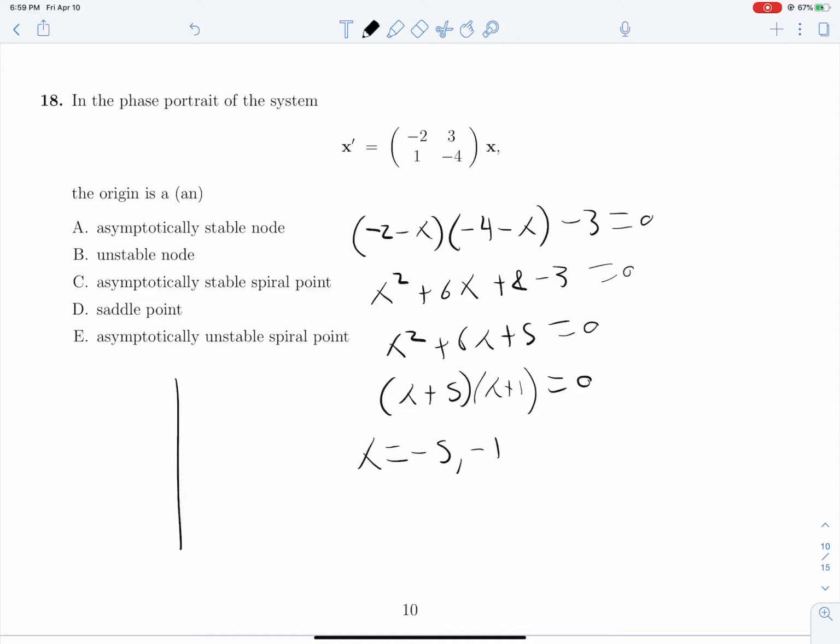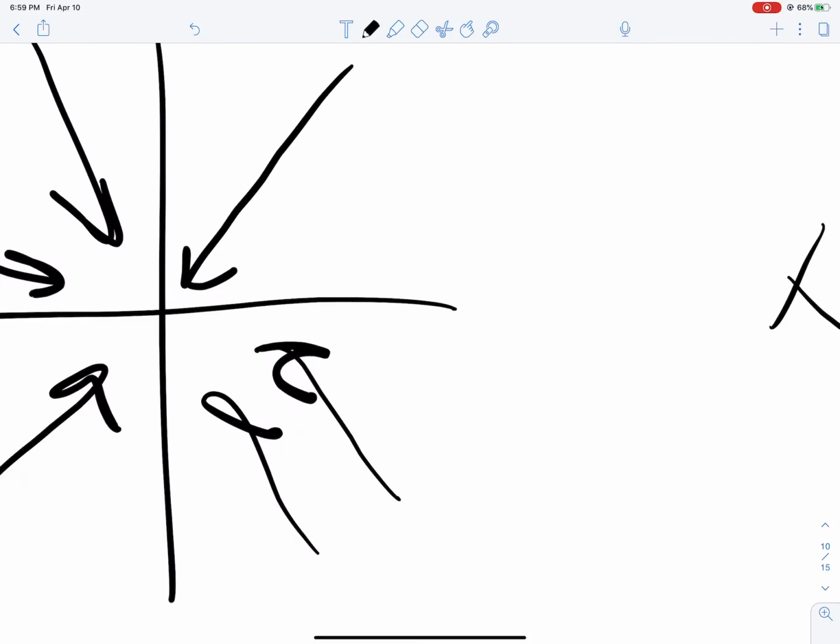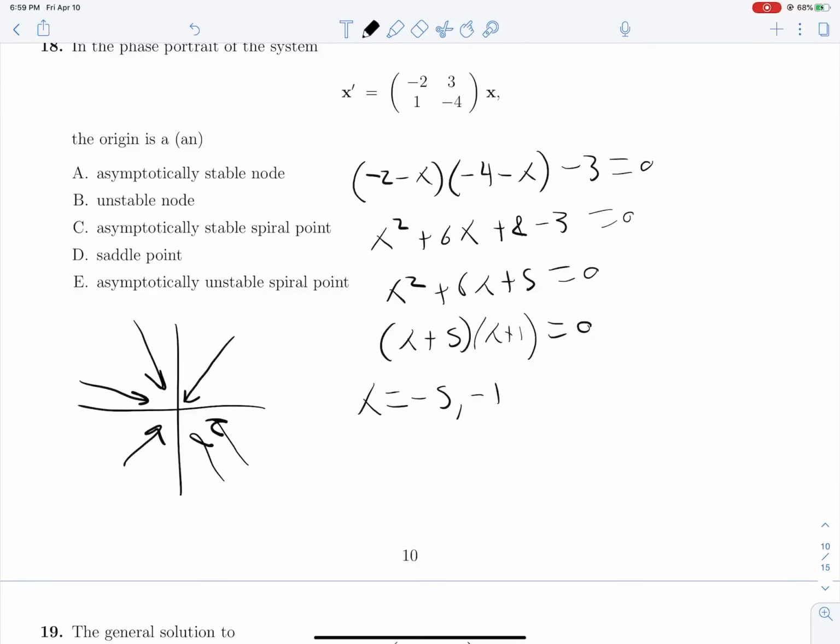And so if we draw our phase plane, over here just a basic x1, x2 plot, we will see that because both of our eigenvalues are real and negative, we will have radial flow into our origin. Some of these arrows are looking a little healthier than others.